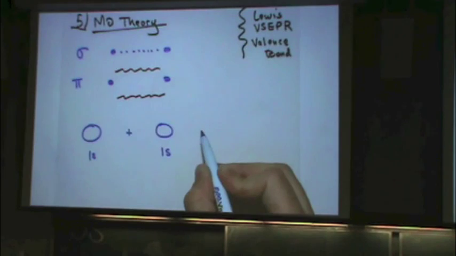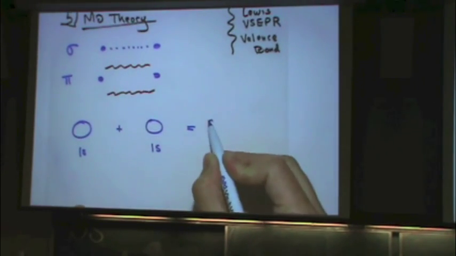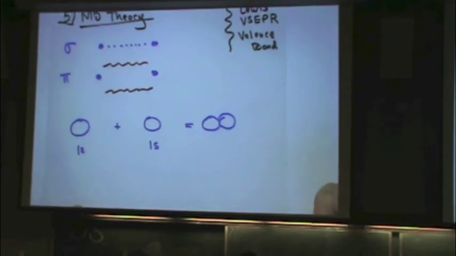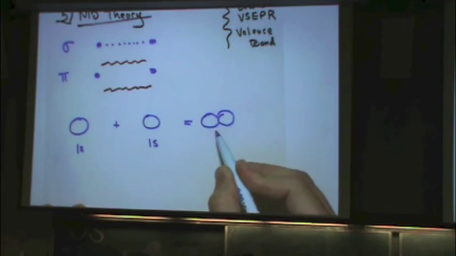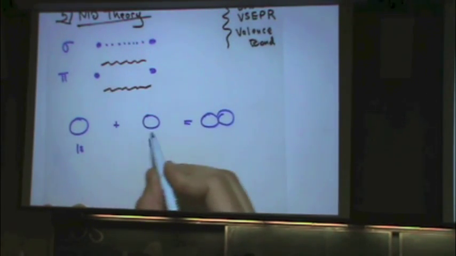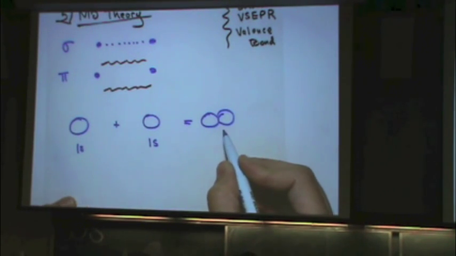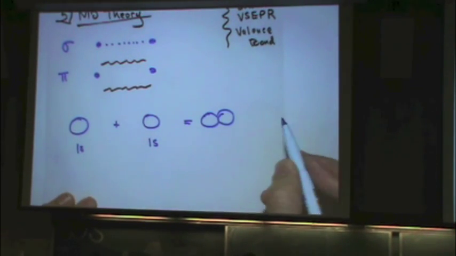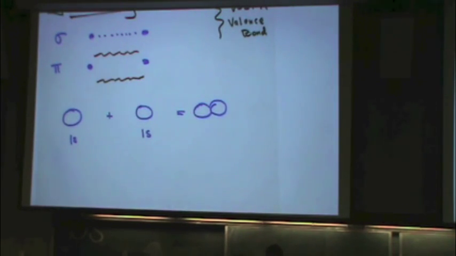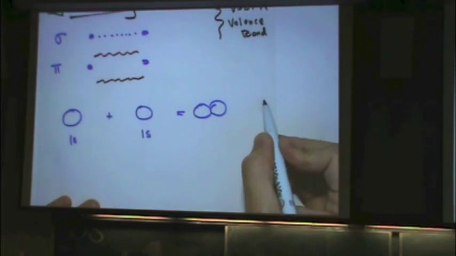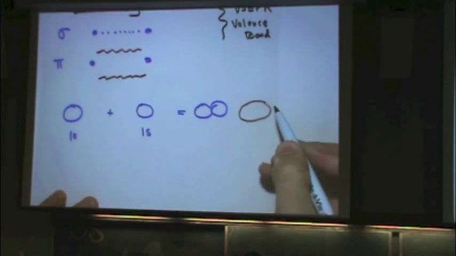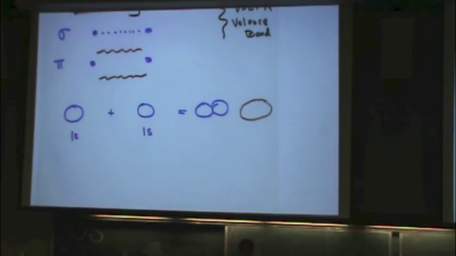So when we add these up, the way normal people draw it is like this. You just put those two spheres, two s orbitals, together, and we now call this a molecular orbital. Now mathematically, I'll show you a different color, we would add these up. Mathematically, it would just be a big blob. But because I cannot trust that I or a TA would understand what this means, you're going to draw two circles next to each other.